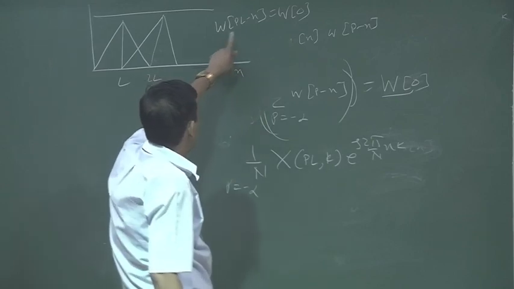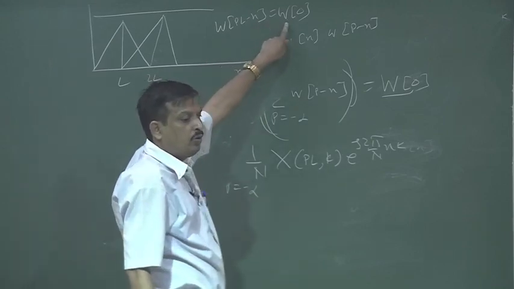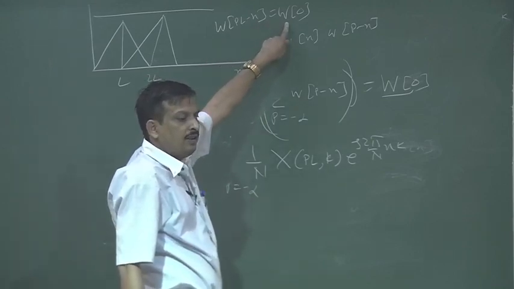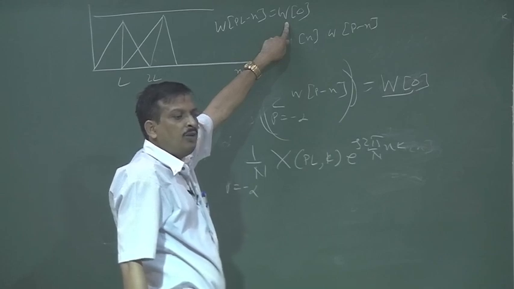If w of pL minus n is equal to a constant, that means the window has finite bandwidth.